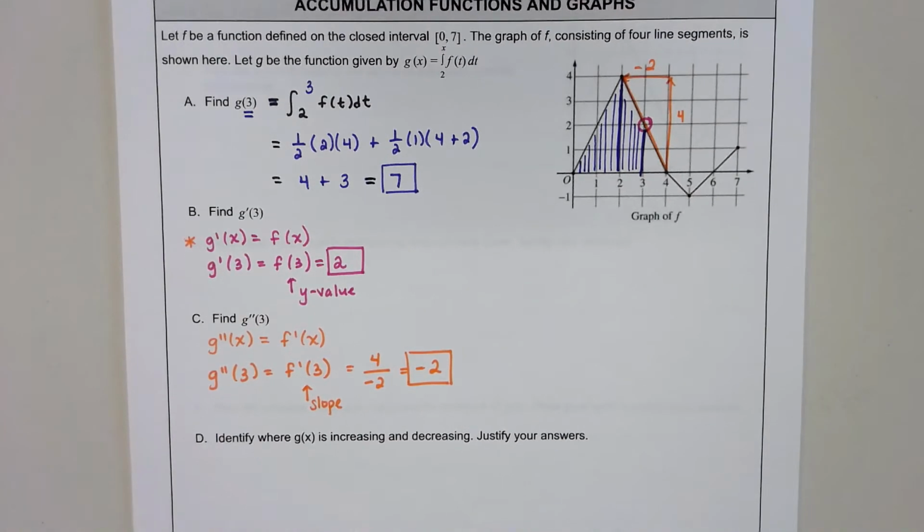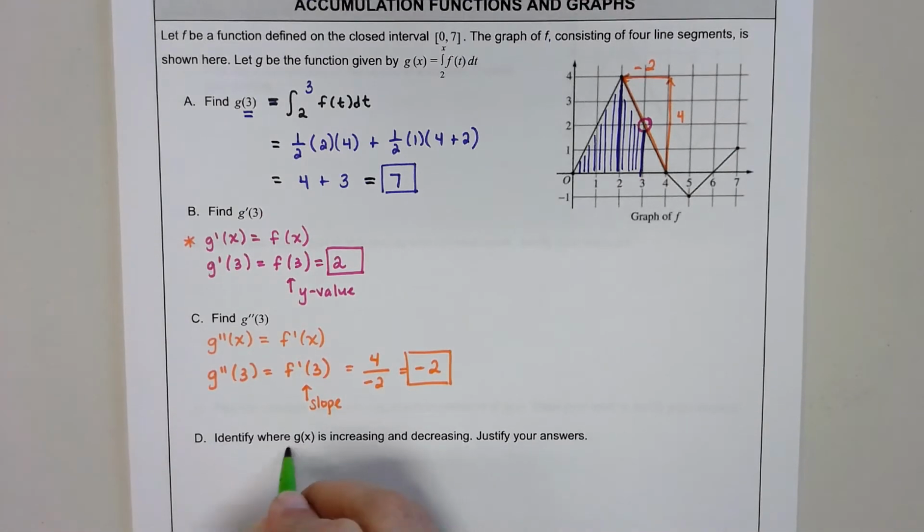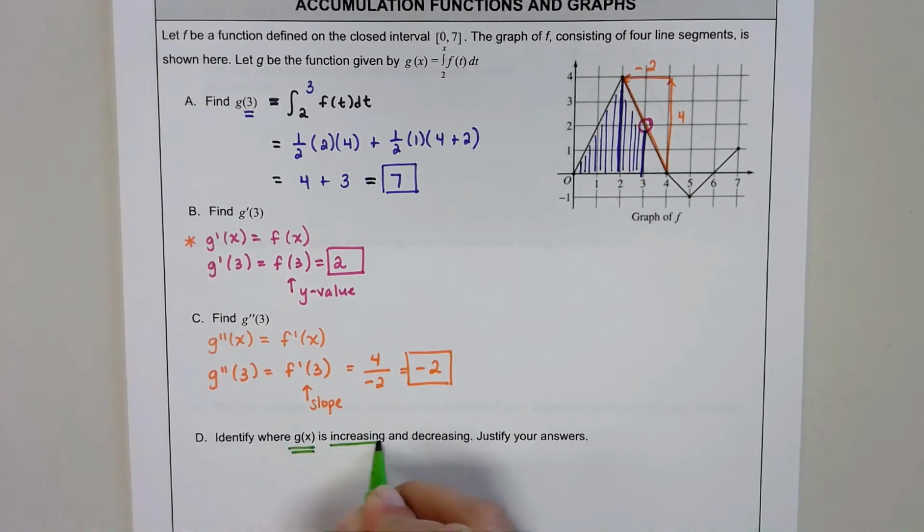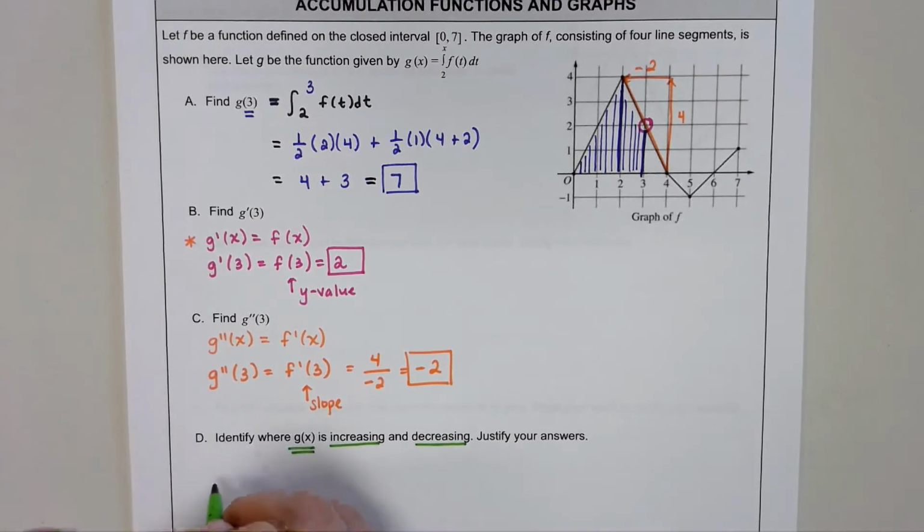where we're going to start kind of making it one level deeper is we're going to say, for example, in Part D, identify where g of x is increasing and decreasing. To figure out where g of x is increasing and decreasing, we need to look at g prime. So g prime of x, which I already calculated in Part B, is just f of x.